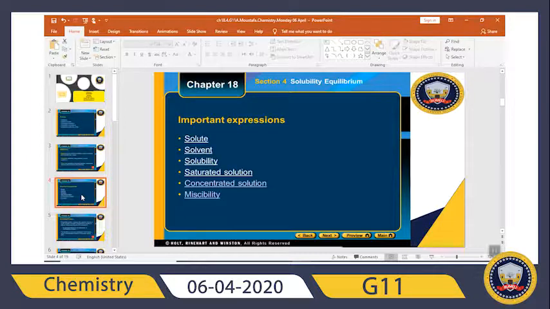The second expression is solvent. A solvent is a liquid that dissolves a solid, liquid, or gaseous solute. So, with water and table salt, water is the solvent and table salt is the solute.